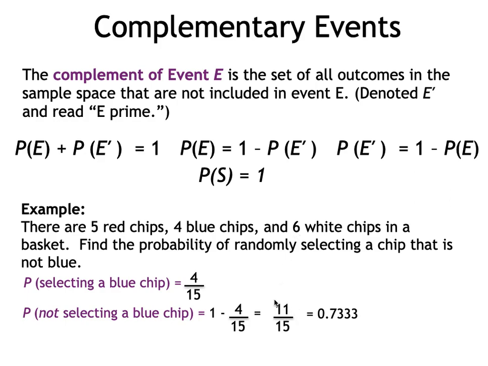So that would be 11 chips that are not blue out of the 15. You will end up with the same answer. I hope you were able to look at that problem from a different perspective. Okay, let's continue.